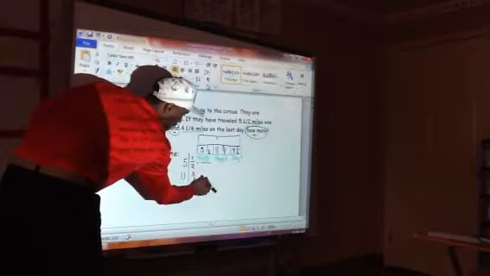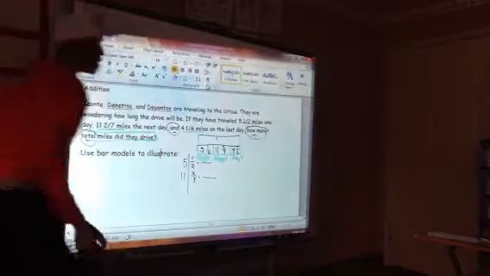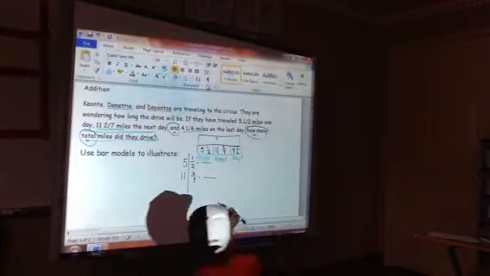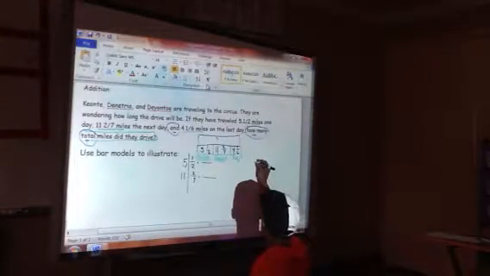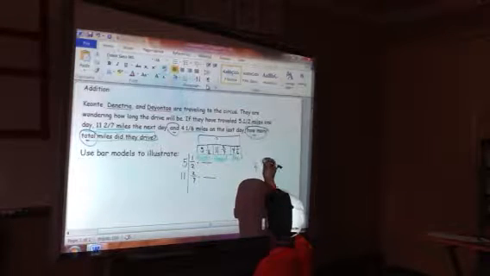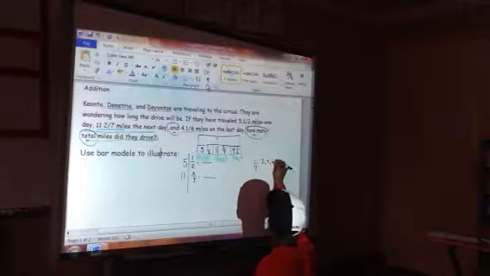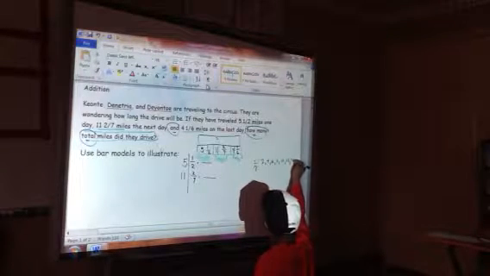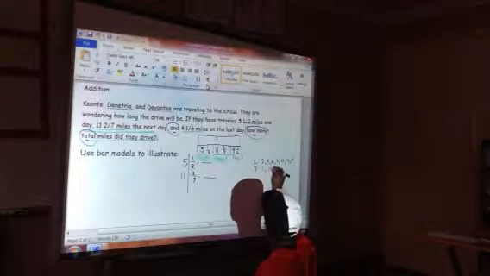Anybody want to guess what the denominator is going to be? Somebody said 14. Well, how'd you get it? 2 times 7. But what way do I want you to start trying? Skip counting. What would I skip count by? 2s and 7s. 2, 4, 6, 8, 10, 12, 14. 7, 14.